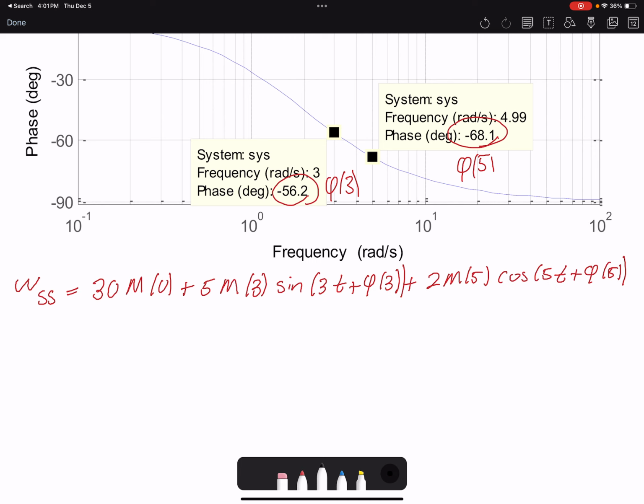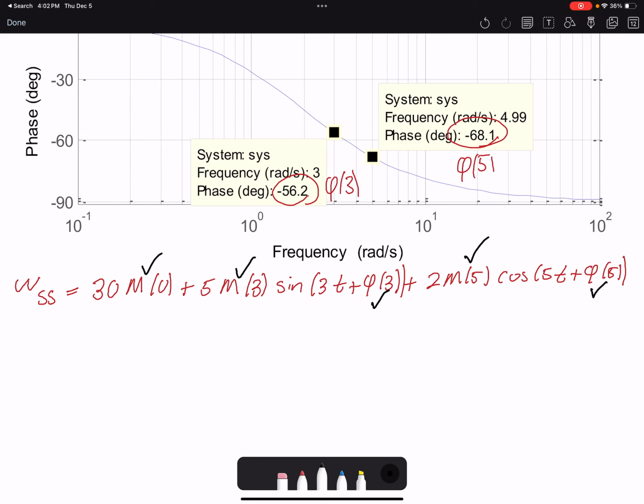So we found the value of M0, M3, M5, phi3, phi5 by putting j omega, depending on the omega, 3j, 5j, into our transfer function. But we do not need to have access to the transfer function.